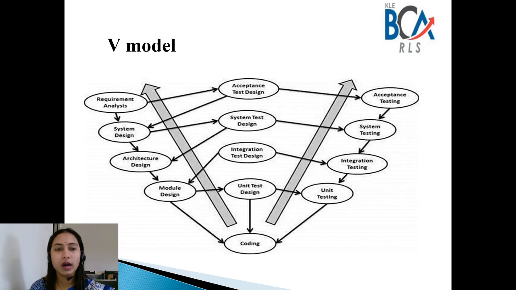So you do complete testing here. Next comes the acceptance testing. Acceptance testing is associated with the business requirements. Whatever requirements the customer has given, you have to make sure that all those requirements are met by your designed product. That is your acceptance testing.